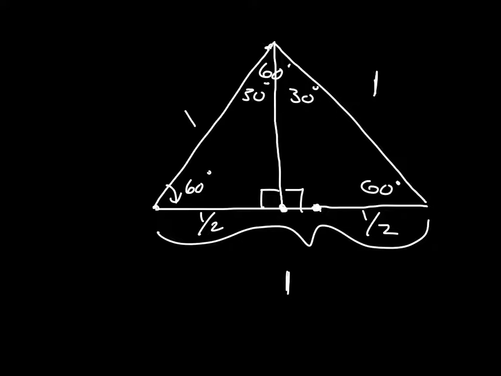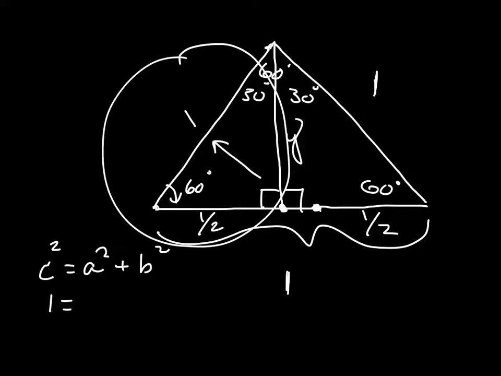So if I use my Pythagorean theorem, this is the hypotenuse. I don't know this value. I'm going to call it y. So I've got c squared equals a squared plus b squared. c squared is 1. I know one of the legs in this triangle. I don't know the other one.